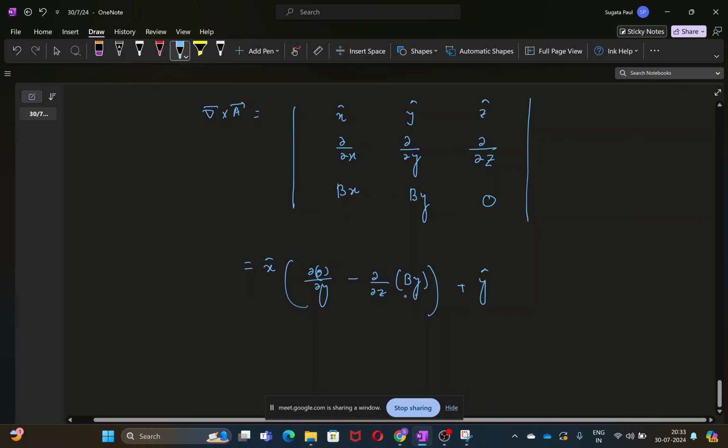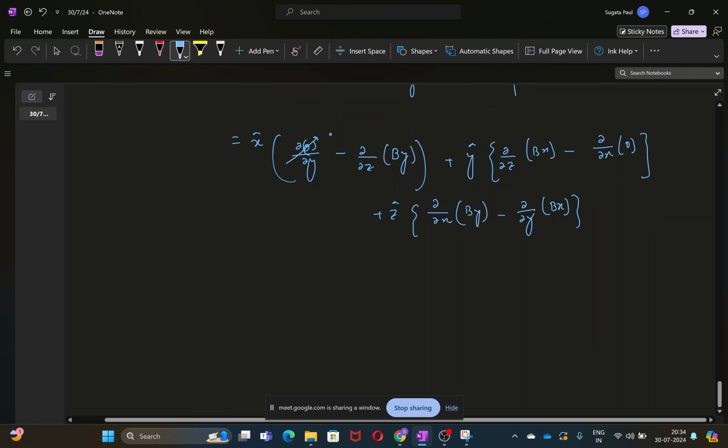Similarly, for y cap, again take a cross: del del z of b times x, minus del del x of 0. Then for z cap you have del del x of b times y, minus del del y of b times x.